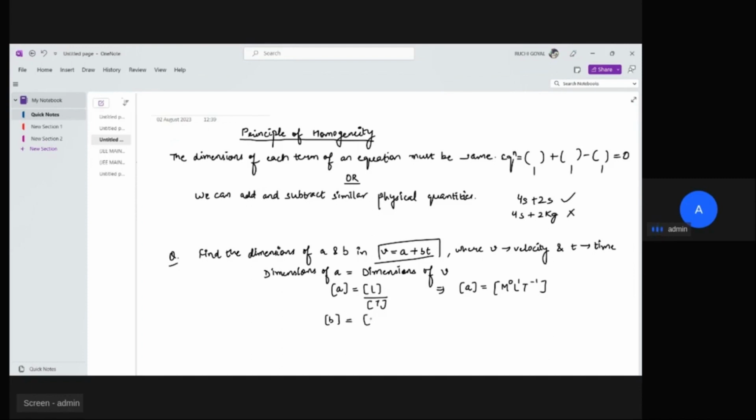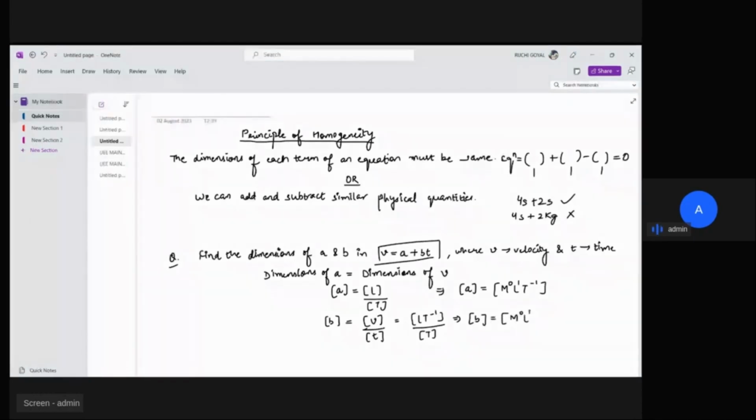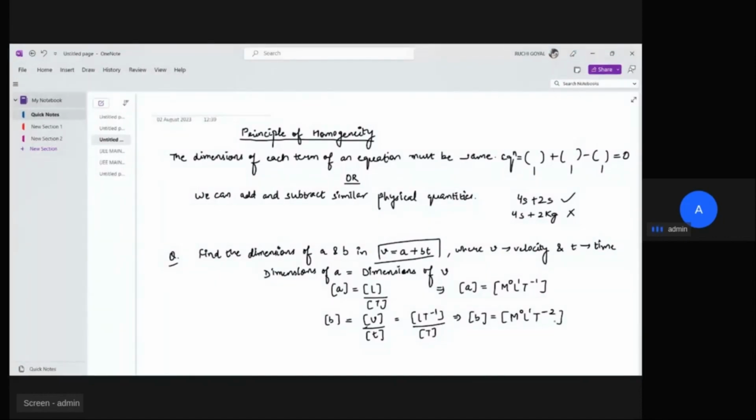It will be the dimension of V divided by the dimension of T. V is again L T^-1, divided by T. So the dimensions of B are M^0 L^1 T^-2.